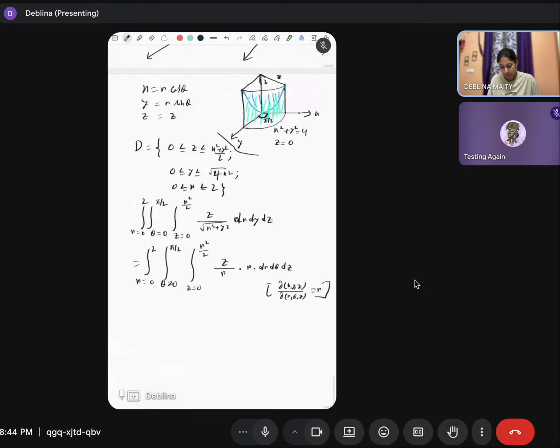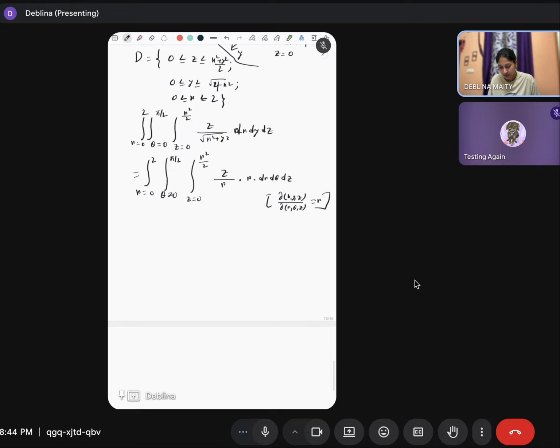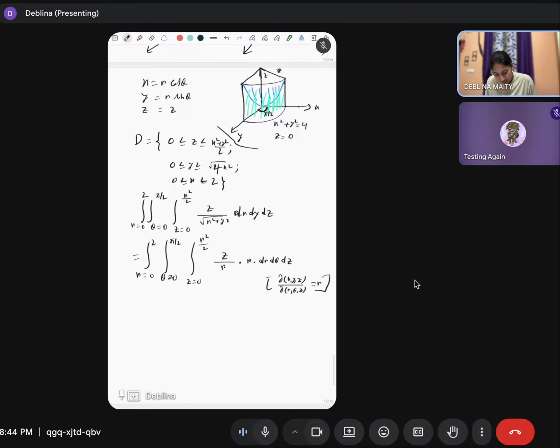Okay, so r will be cancelled out. r is 0 to 2, theta is 0 to pi by 2, and z dz will be z square by 2.